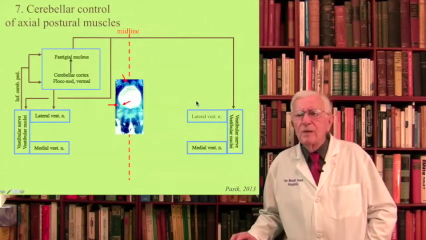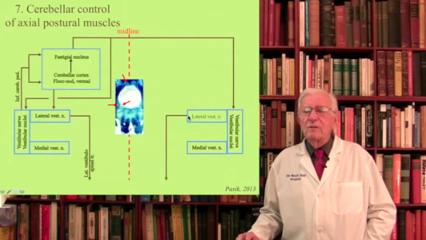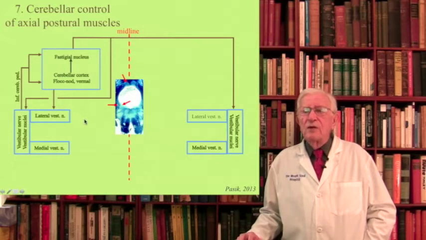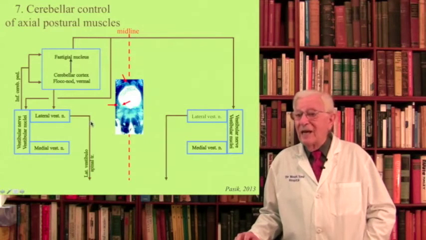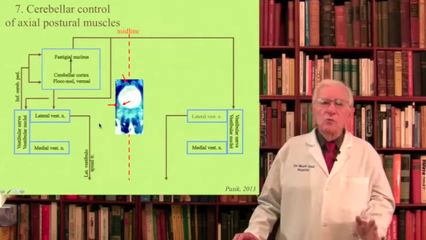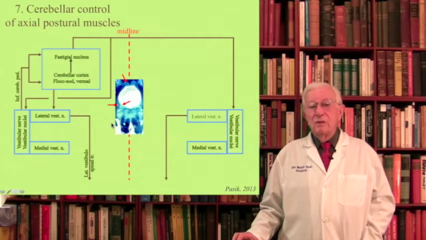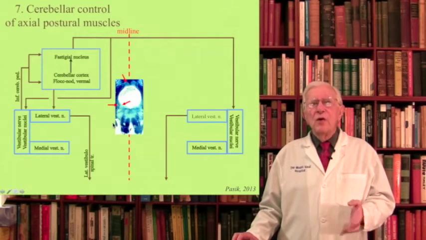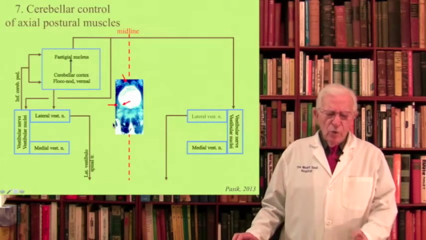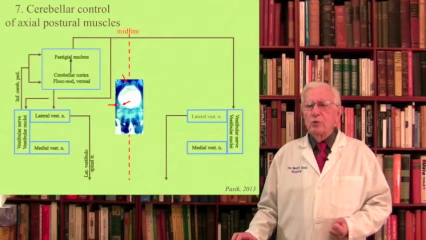That's the fastigial. Now, the lateral vestibular is very important because it's the origin of the lateral vestibulospinal tract that goes all along the spinal cord to actually lumbosacral levels, and it plays a role in the neuronal networks of the gray matter of the spinal cord, controlling the motor neurons.